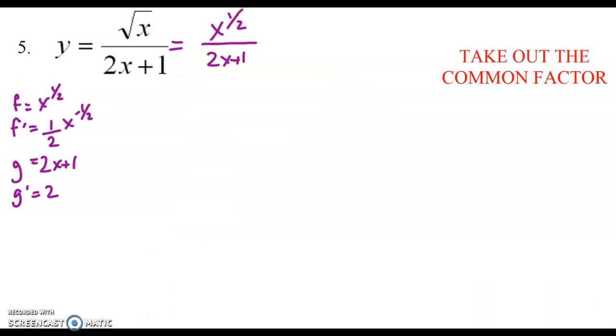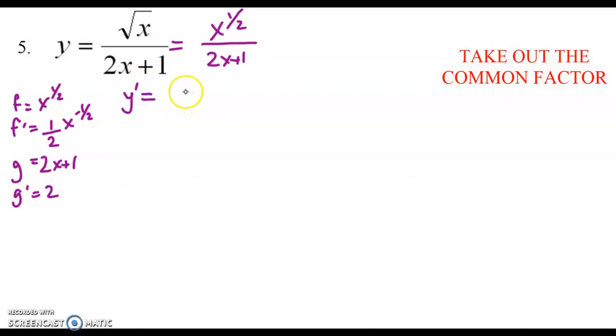Okay, write small for number 5 because it's a long question and you've got very little room. So we've rewritten the question here with this radical sign given as an exponent, and then we can identify the f and write f prime, identify the g and write the derivative of g. Then we can use the quotient rule to find y prime.